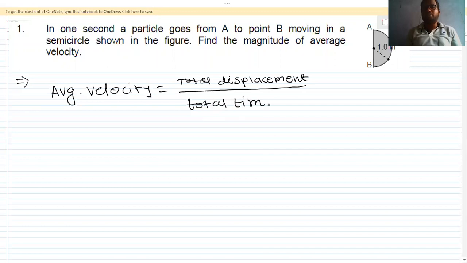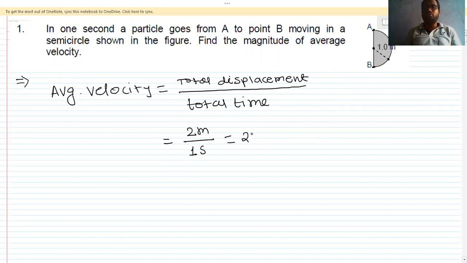As you can see over here, the total displacement in this case is from point A to point B, a straight line path. This is 1 meter, this is 1 meter, so the total displacement is 2 meter, and the total time taken is given as 1 second. It goes from point A to point B, which means 1 second is the total time.